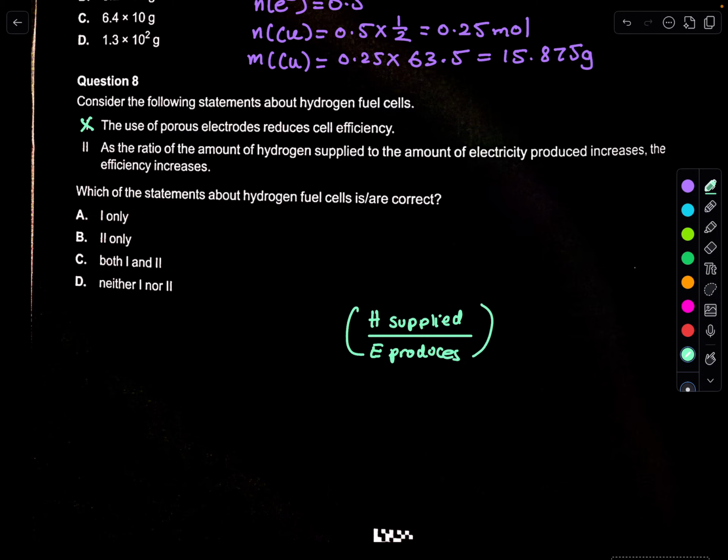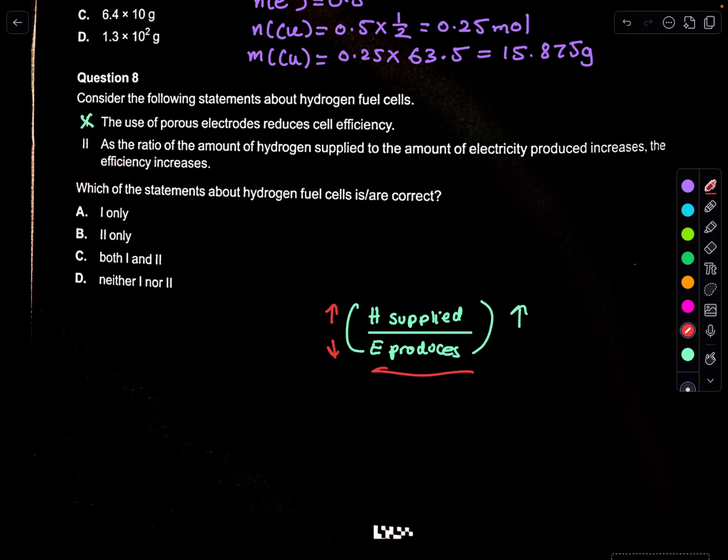If this ratio increases, it means that the hydrogen supplied increases, whereas the electricity produced decreases. Well, wait. If your electricity produced is decreasing, remember the point of a hydrogen fuel cell, it's a galvanic cell. Its point is to make electricity. But if your electricity decreases, then it's inefficient. How does efficiency increase? Rubbish. So that one's wrong too.